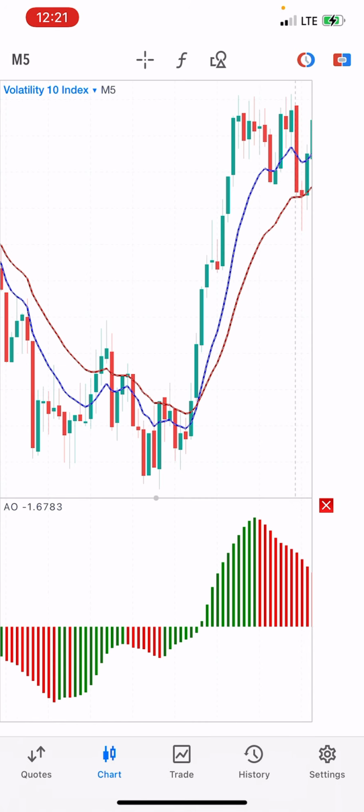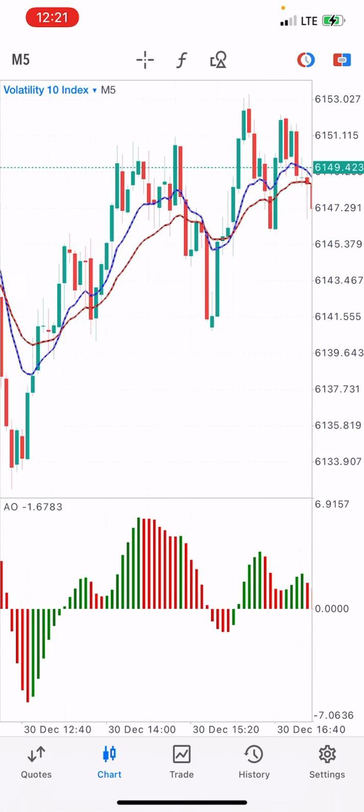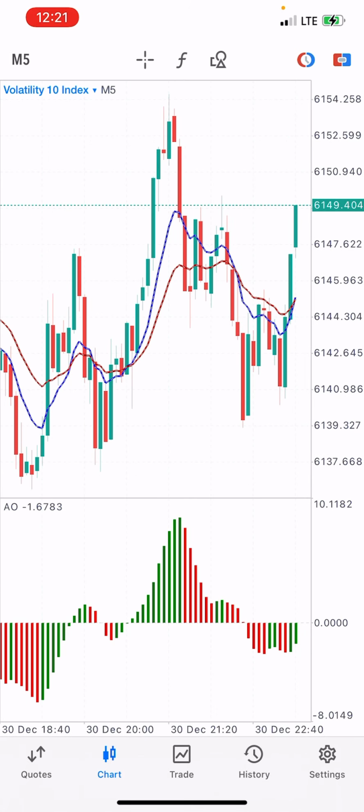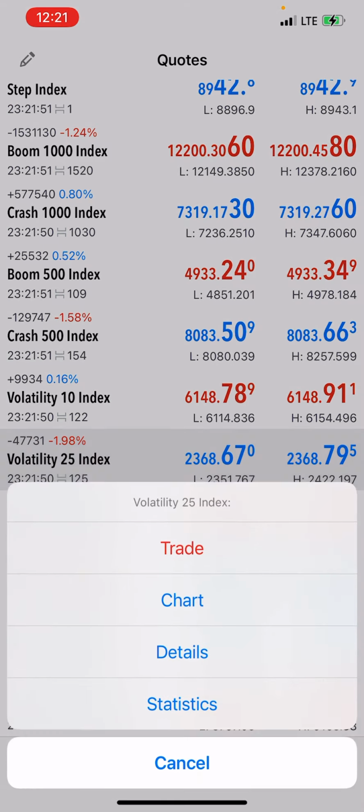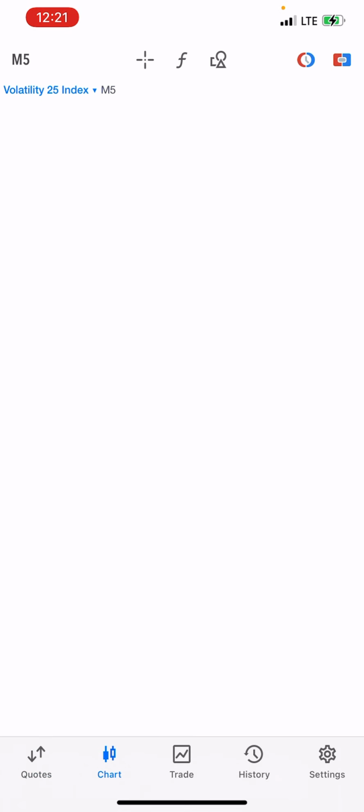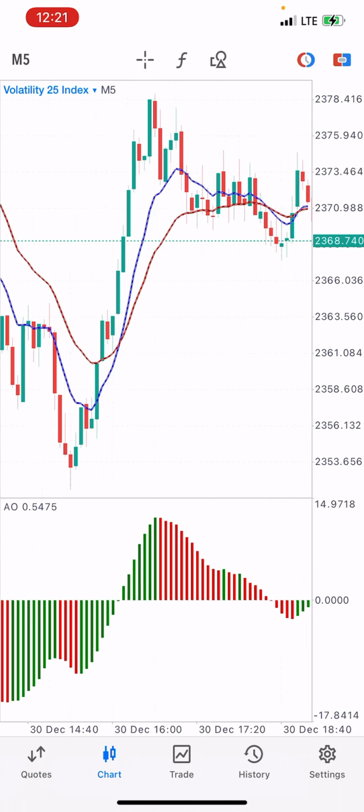So I'm going to look for conditions to place some trade on this market. This was supposed to be a very good opportunity, but it seems like it's already gone. So let's check out the volatility 25 index. Seeing this strategy, it also works for it, guys.